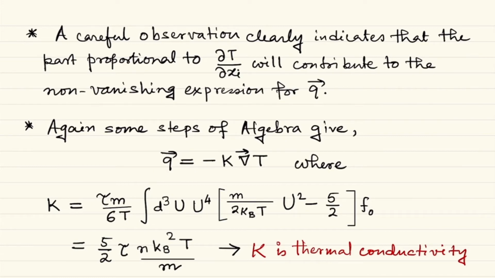Okay. So this integration is over all the components of u. It's a vector, so it is integrated over the vector u. If you do the integration from minus infinity to plus infinity, which is the domain of integration for classical cases, you can show that K is nothing but 5 by 2 tau n kB square T by m.